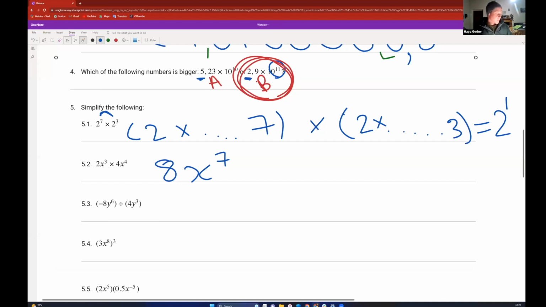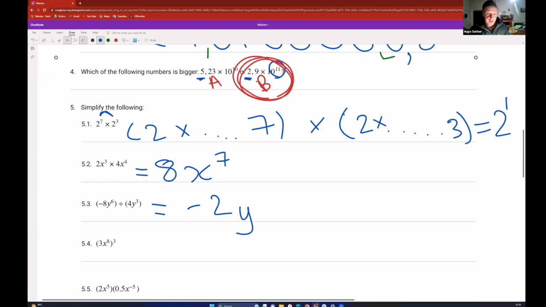So the answer for 5.3 is going to be -2, because the numbers we can divide. -8 divided by 4 is -2, and then our bases remain y, and then 6 minus 3, because we divide, remember, we do the opposite, so 6 minus 3.